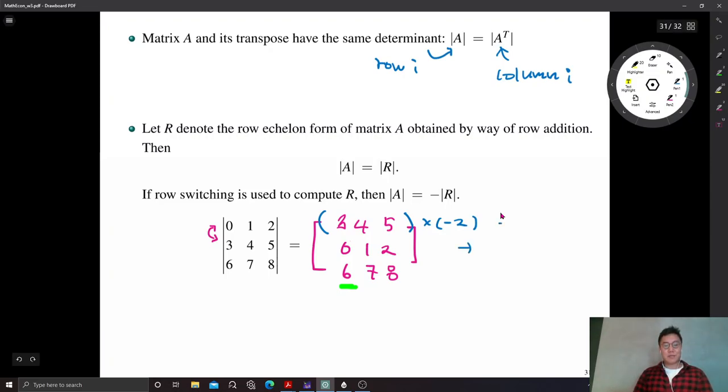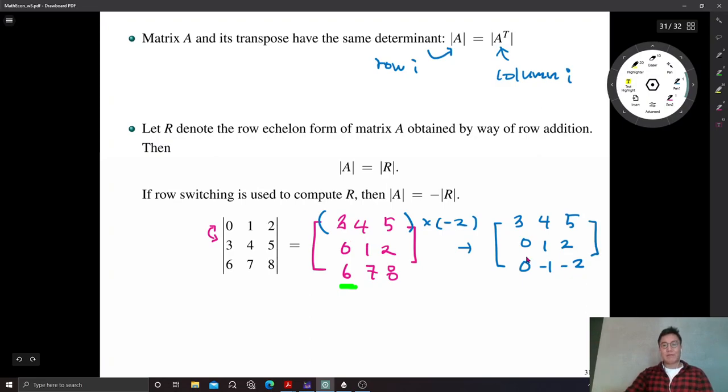So this process gives us 3, 4, 5, 0, 1, 2, and multiply the first row by -2, so -6, -8, -10, and add it to the third row, then 0, -1, and -2, I guess. Right?